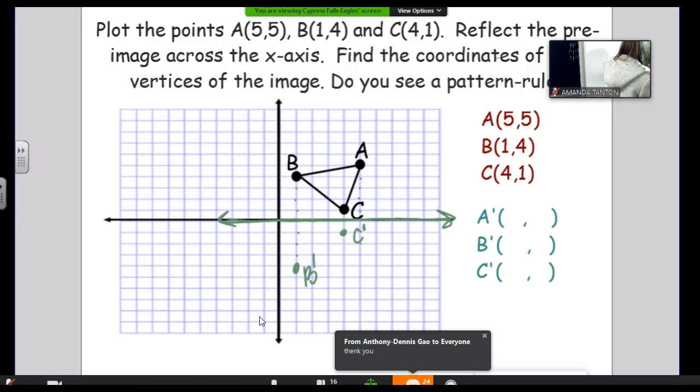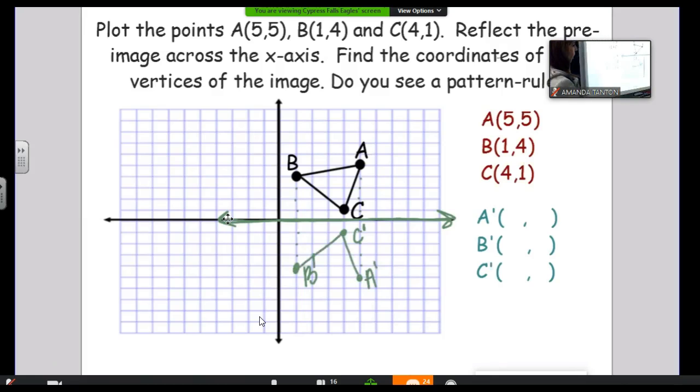So I'm just traveling the opposite direction, but the same number of units. So now our new coordinates, let's see, C is 4, negative 1. B is over 1, down 4. And A is over 5, down 5.